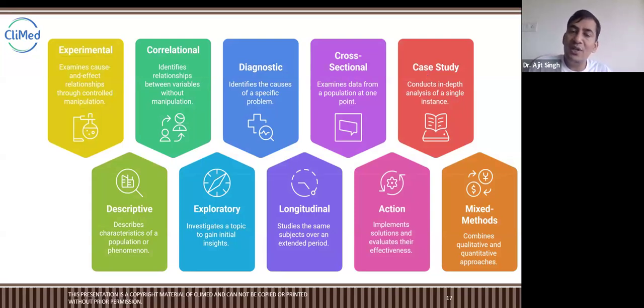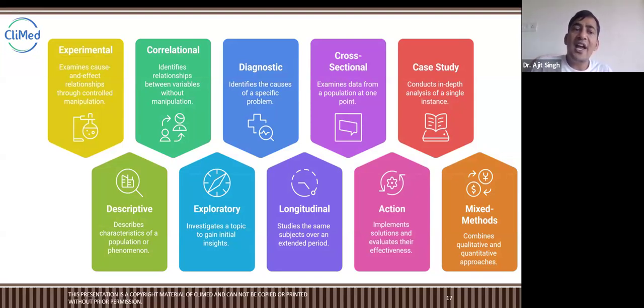In observational studies, there are multiple types: case report, case series, cross-sectional, cohort, and case control. Interventional includes randomized control trials, community trials, and non-randomized control trials.